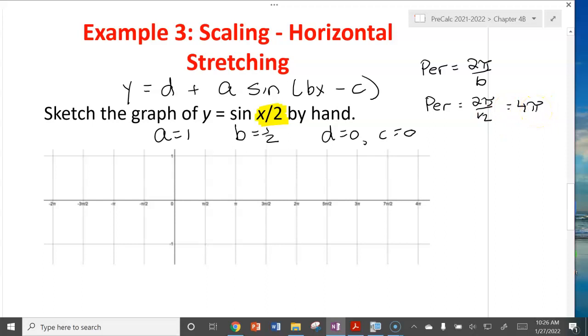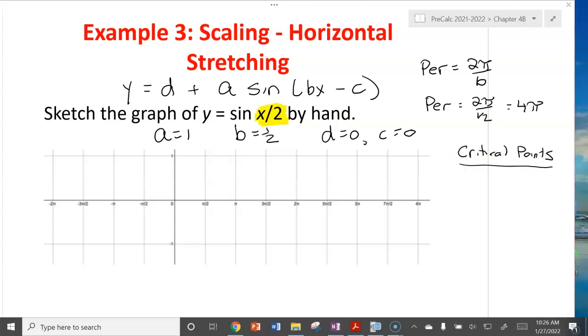All right, just like before when we had critical points, we have to do our same critical points. Now this time we are going to divide our period by 4. So now each critical point, I'm going to take this period and divide it by 4.